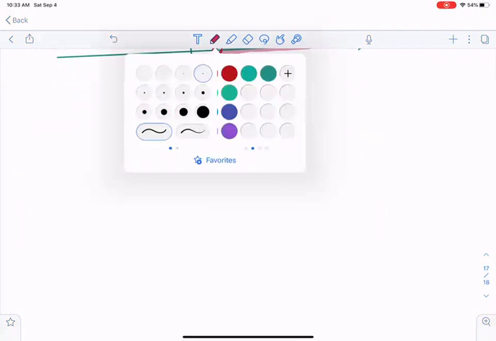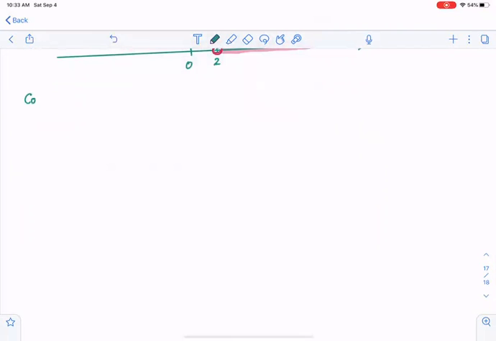Suppose we consider y is greater than 4. We're simply looking at the y-axis by itself.